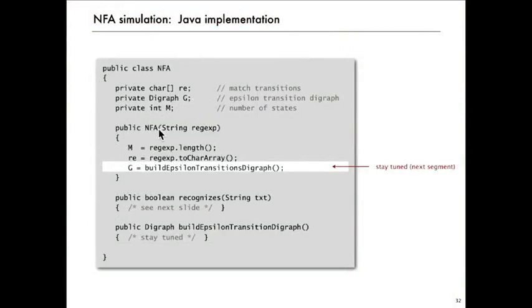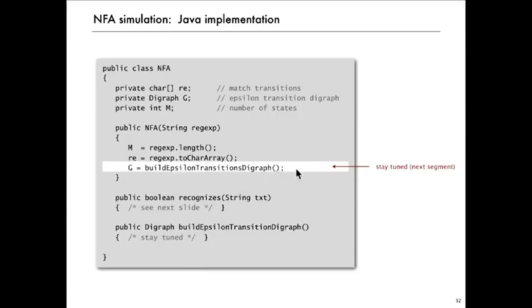So we have a constructor that takes a regular expression as its argument, and it's going to build the NFA. It's got a method to build the digraph that we'll talk about later, but it's also got a client method, recognizes, where the client can, after the NFA is constructed, take a text string and return true or false by simulating the operation.